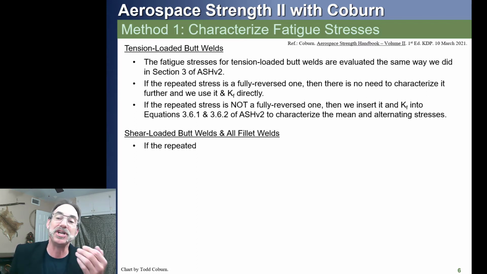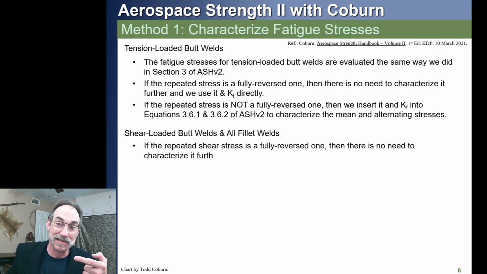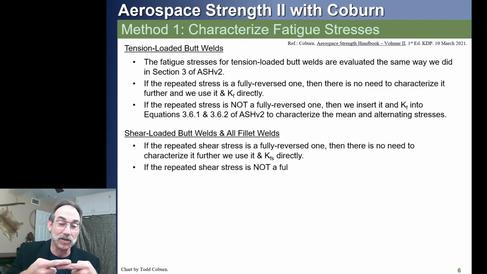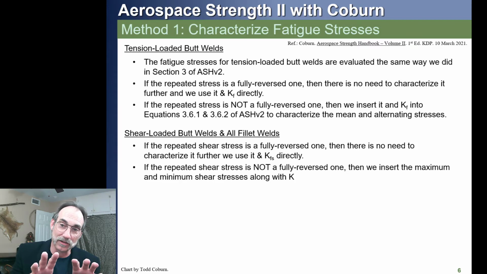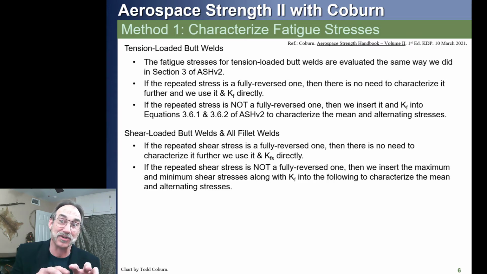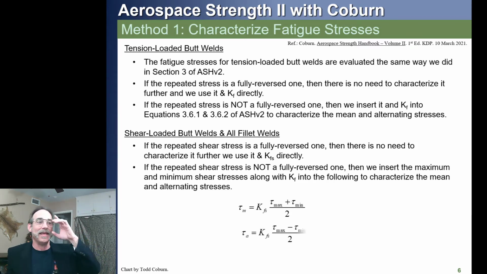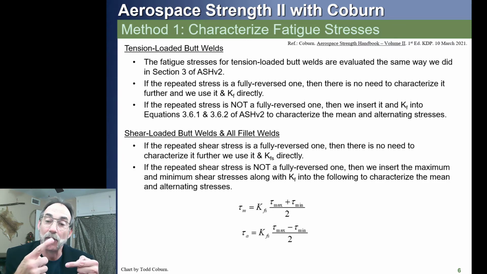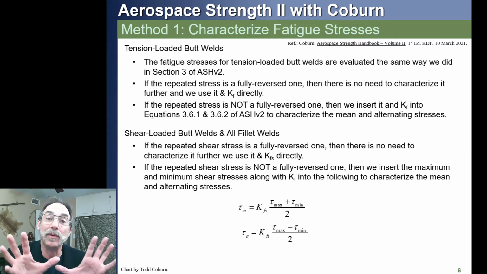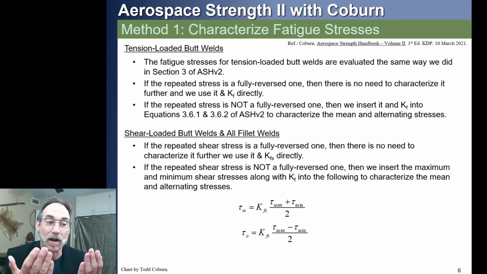Now, if we have a shear-loaded butt weld, or any fillet weld, because we always pretend that fillet welds are loaded in shear, right? Then we do the same procedure. If we have a fully reversed shear stress going from positive to negative, the same shear value, we'll call that tau rev, and then we don't need to convert it, we'll just apply our stress concentration factor to it and use that.